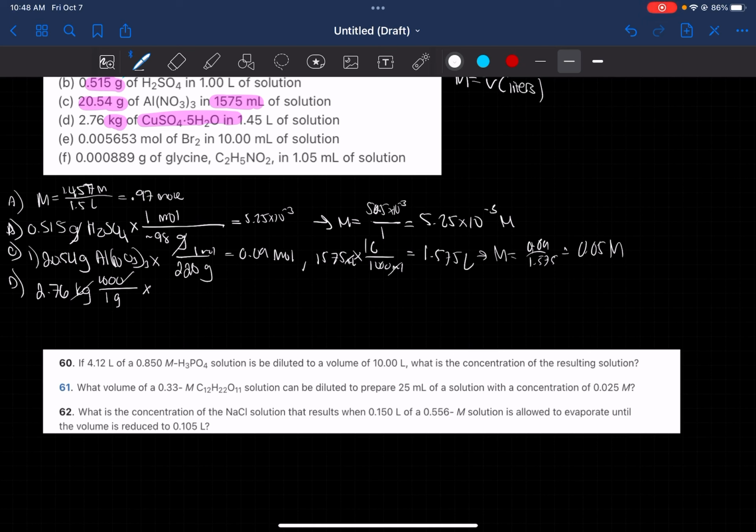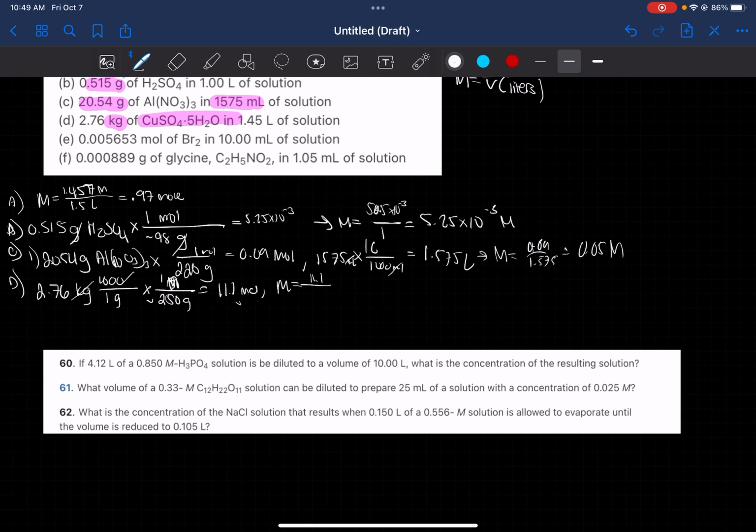So that's 1 gram over 250 grams, or 1 mole, approximately, which equals 11.1 moles. Then we have to solve for the molarity, which equals 11.1 over 1.45, which equals about 7.65 molarity.